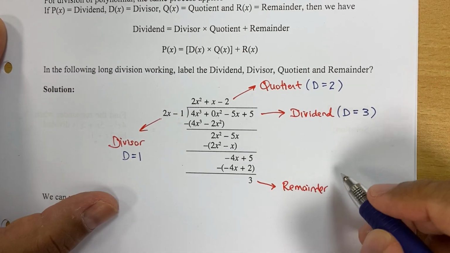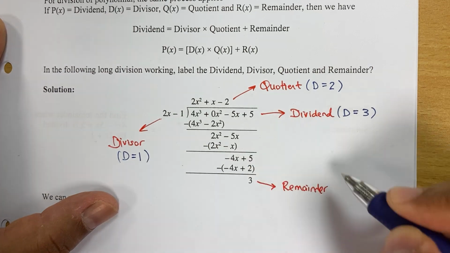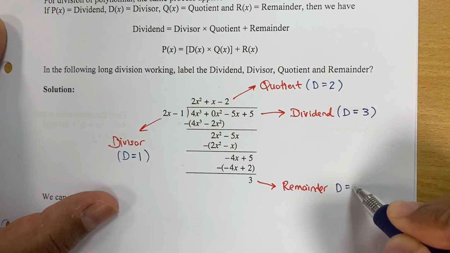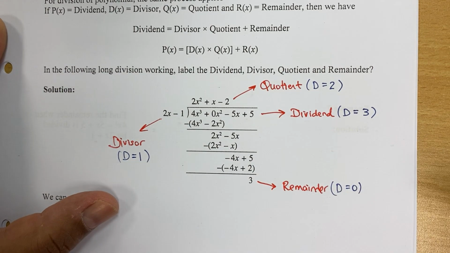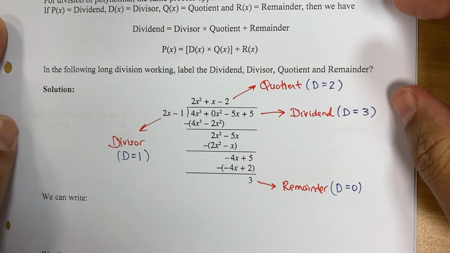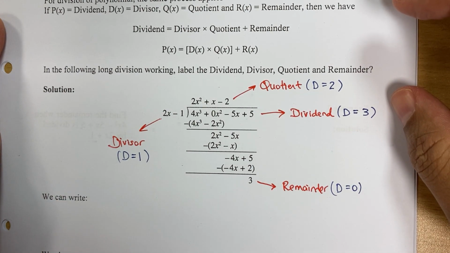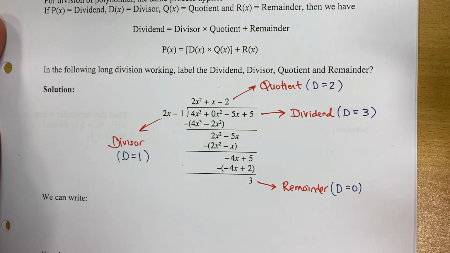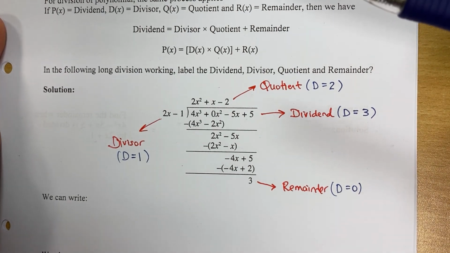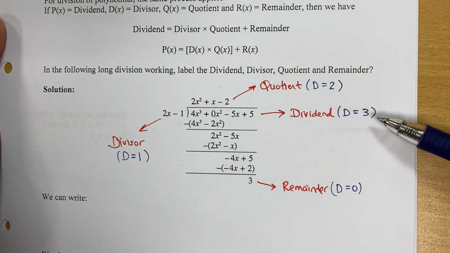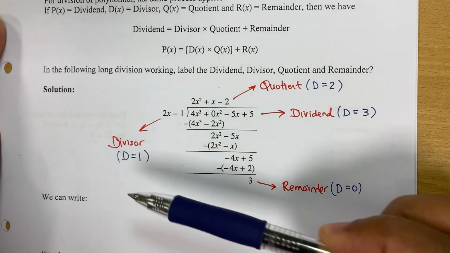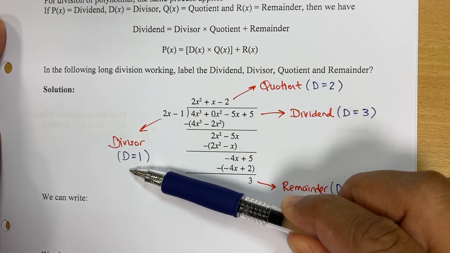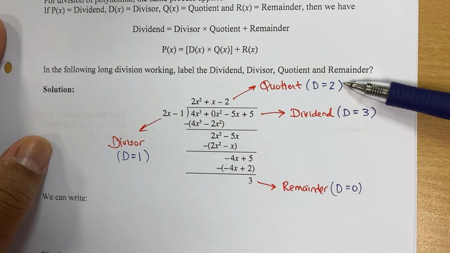And the remainder is degree 0 because it's a constant. What do you notice? If the dividend is degree 3 and you divide by a divisor of degree 1, your quotient must be of degree 2. Makes sense, right?